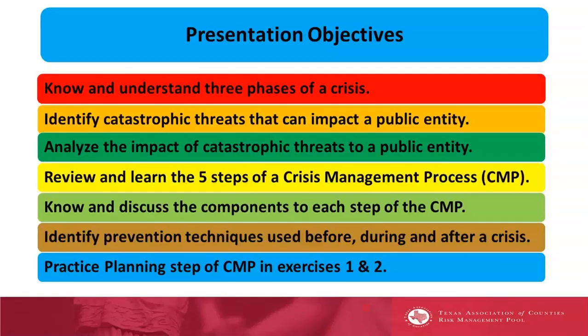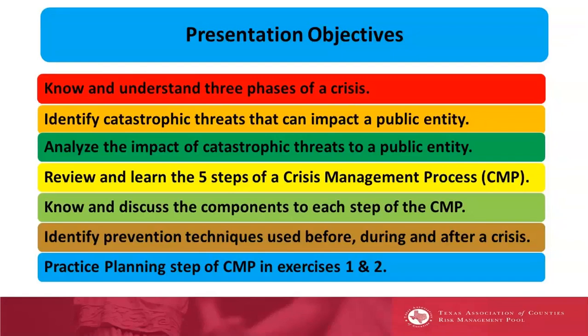These are the presentation objectives: to know and understand the three phases of a crisis. Then we're going to identify catastrophic threats that can impact your public entity, and analyze the impact of these catastrophic threats. We're going to review and learn the 5 steps of the crisis management process, and discuss some of the components for each of the steps.